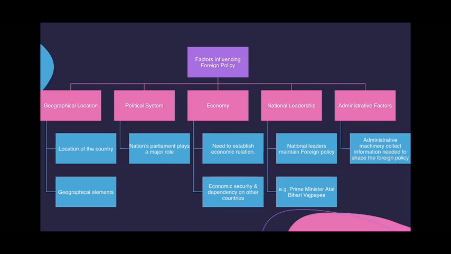But in order to arrive at this final decision, the Prime Minister and his ministers need some kind of information, they need data, they need analysis. Who provides all this? It is the administrative machinery. The administrative machinery provides the information required to create foreign policy.